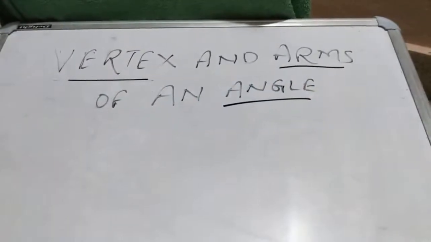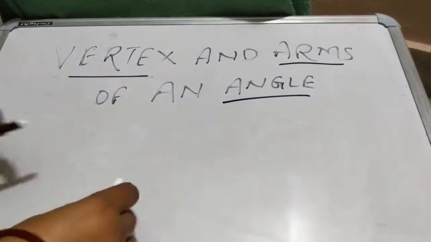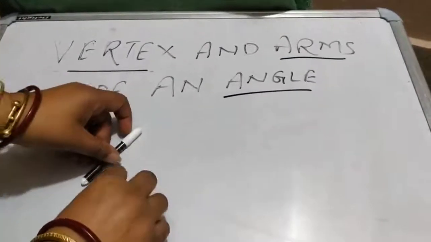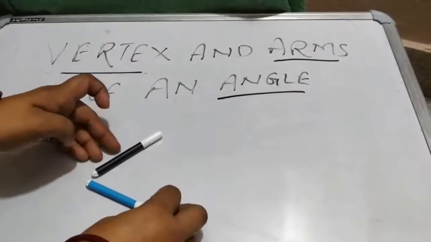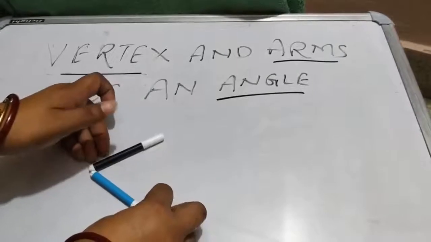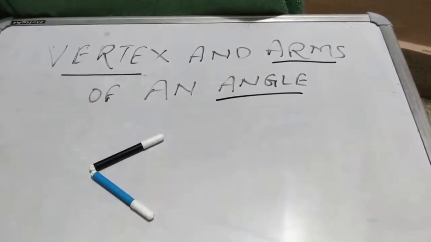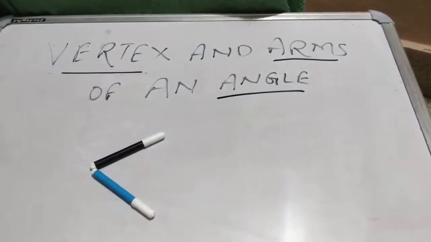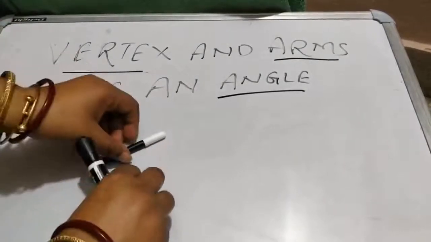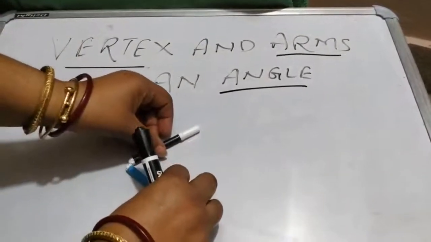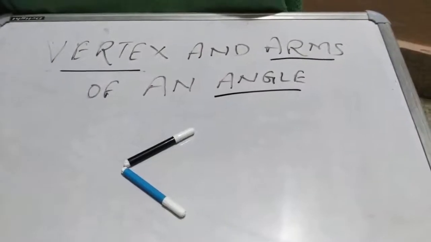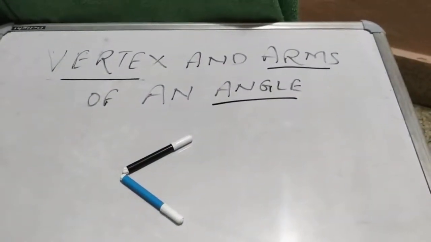Now let us see the angle. So this is an angle. The angle is formed by two rays. All of you see that this is an angle. Now, what is the vertex?